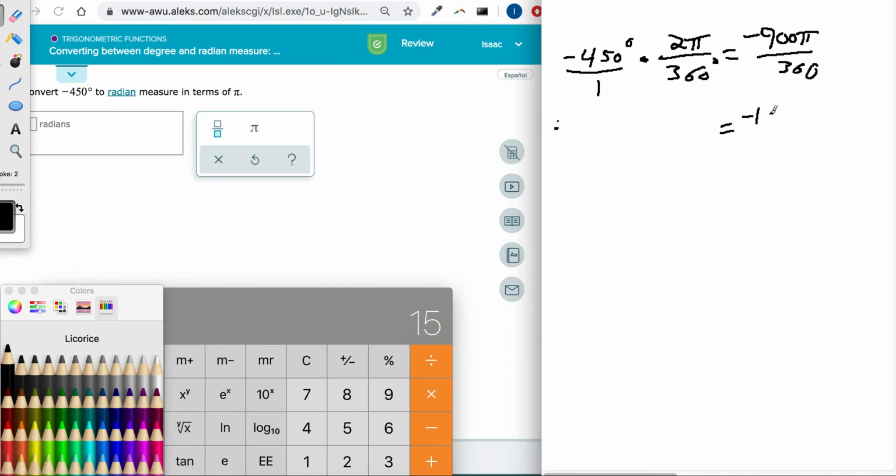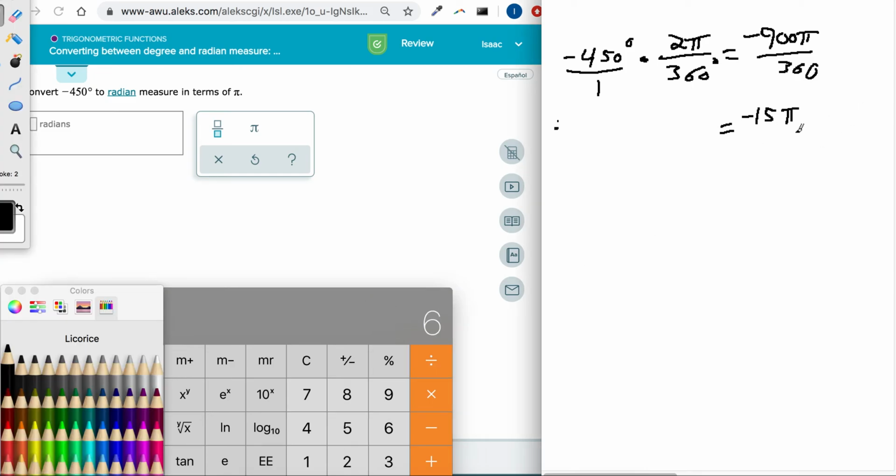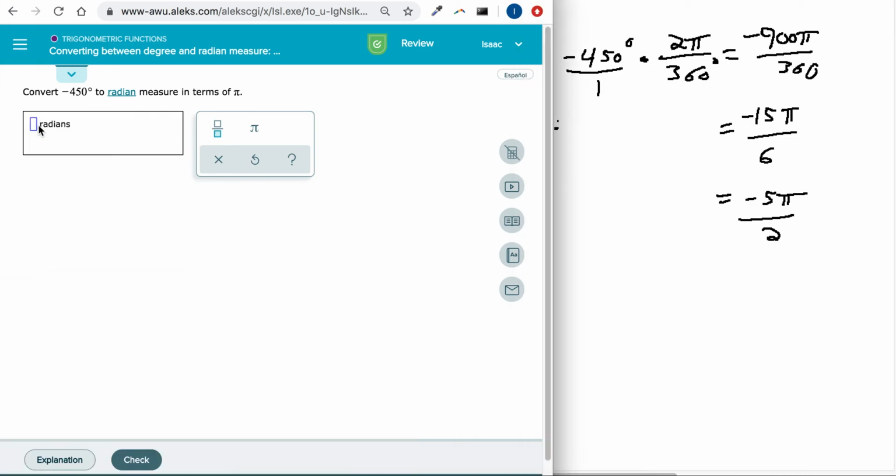That makes negative 15 pi, and I bet we'll be able to simplify again. 360 divided by 60. I divide the top number and the bottom number by 60, but it can be simplified again, right? They're both divisible by 3. So negative 5 pi over 2, if I did that right. So negative 5 pi divided by 2.